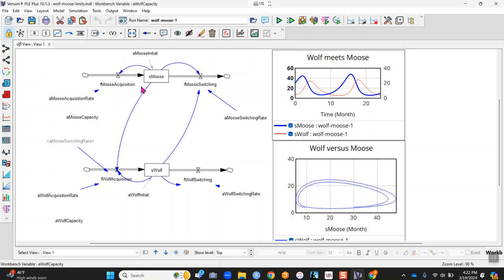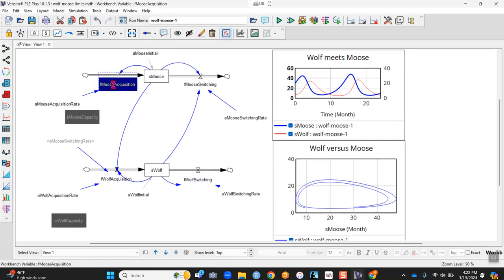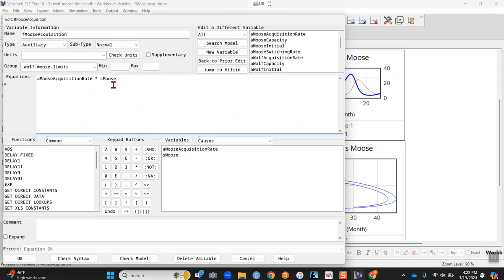What we're going to do is, here is one loop back from the stock of moose back to moose acquisition. And let me try to pull these out a little bit. Okay, good. That's a little bit easier to see. If we look at the equation for moose acquisition, you see it's the rate times how many moose, right?